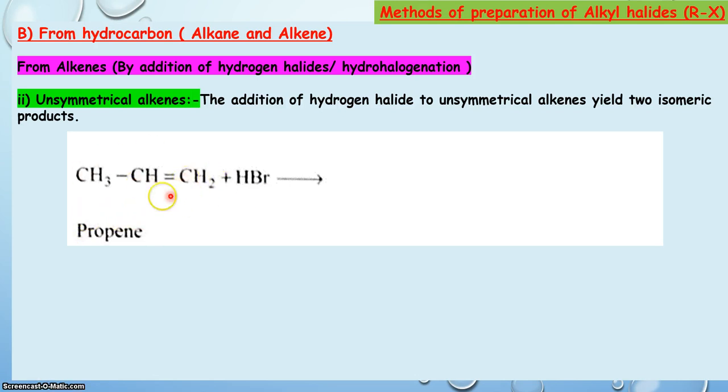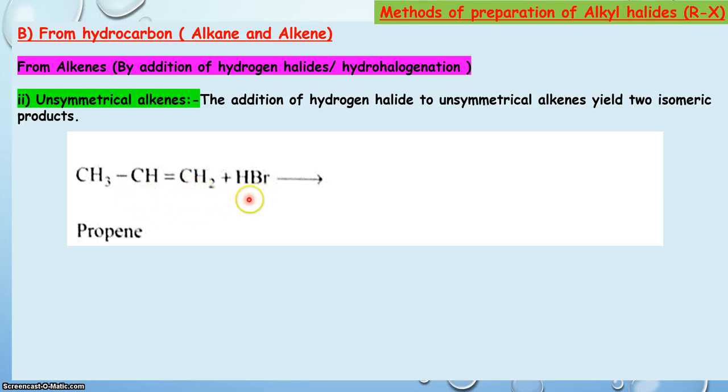These are the doubly bonded carbons, or we can say sp2 hybridized carbon atoms, or unsaturated carbons. This carbon carries only one hydrogen, while this carbon carries two hydrogens. On addition of this HBr, we have to remember this addition should take place across the double bond only.